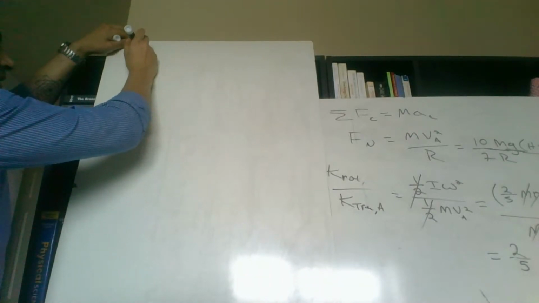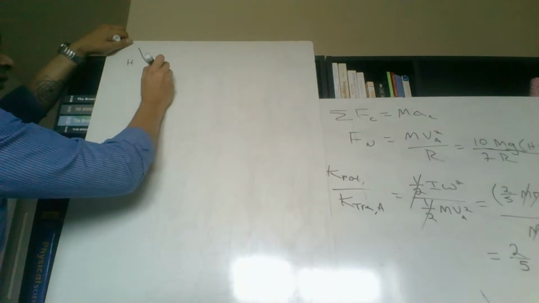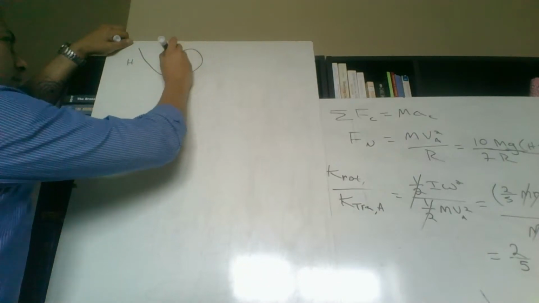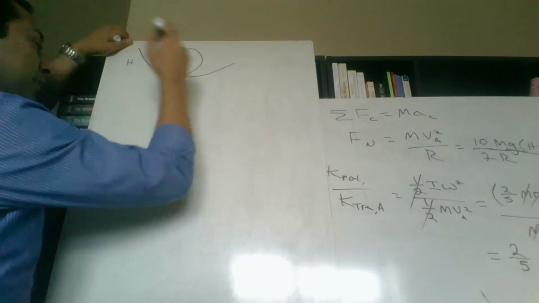So you're going to start off at some height, h. You go around, and then you're going to release the object at this point right here.